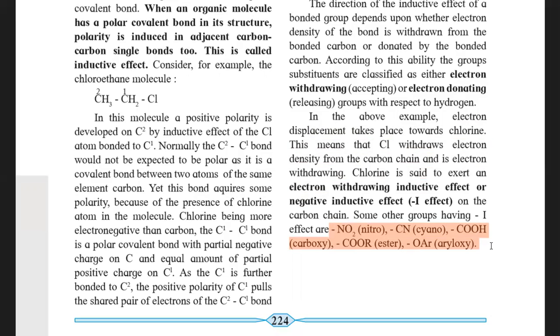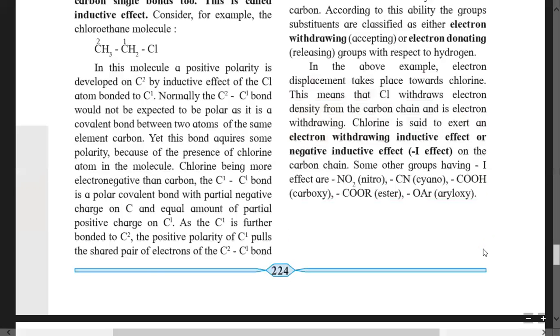All these groups, if they are present at the position of chlorine in the above example, or even at a position other than that of chlorine, are electron withdrawing. Wherever they are present, they show minus I effect, that is, a negative inductive effect. This is one type of inductive effect.